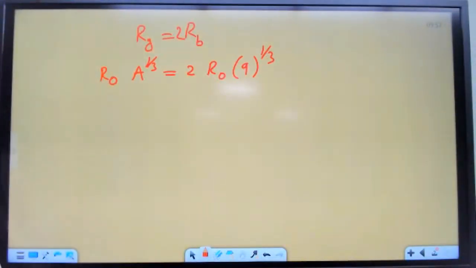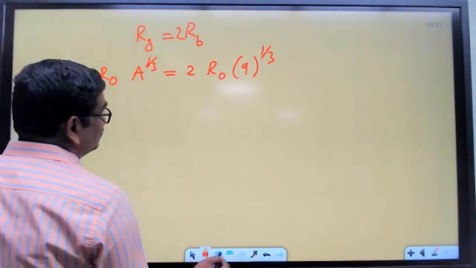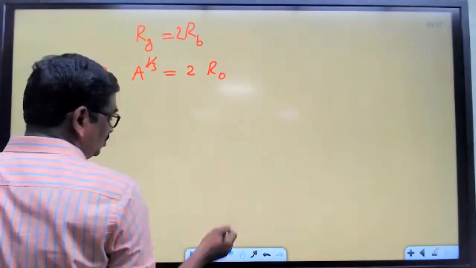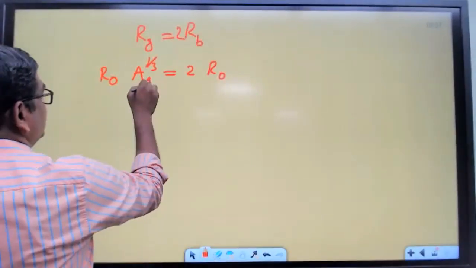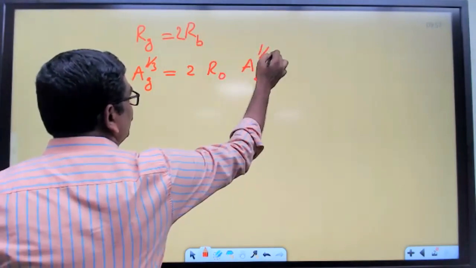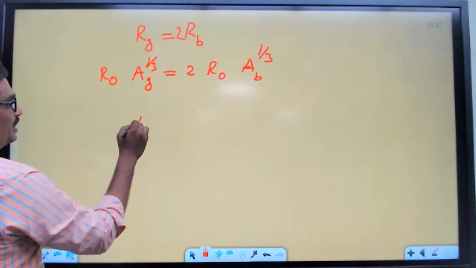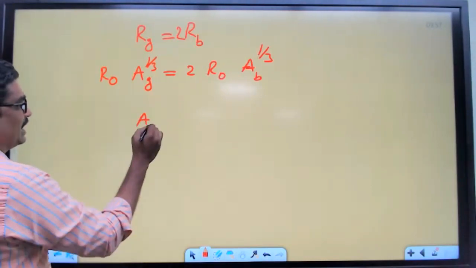Write down one more step. This is A of germanium, this is A of beryllium, whole power 1 by 3. So R naught gets cancelled out. A of germanium we need to calculate.